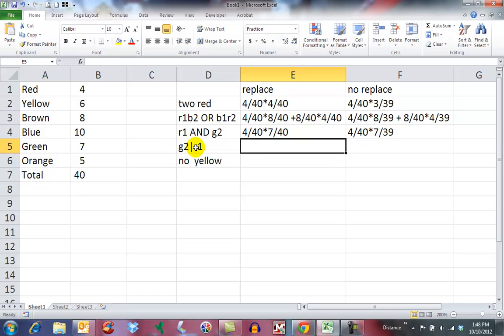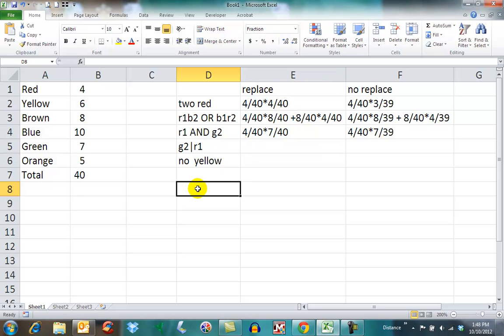Now, G2 given G1, they told us, if things are independent, is equal to, let me rewrite this down here.